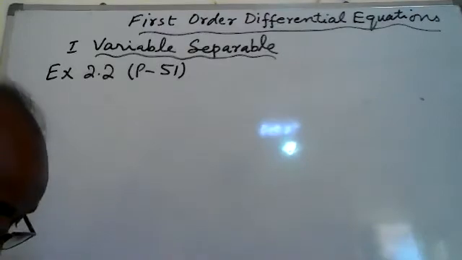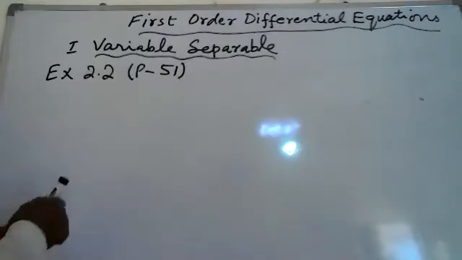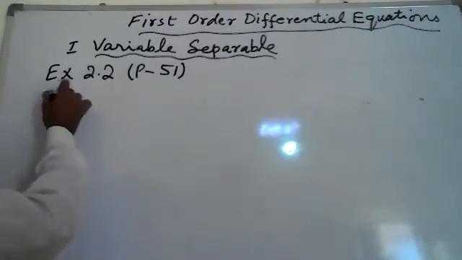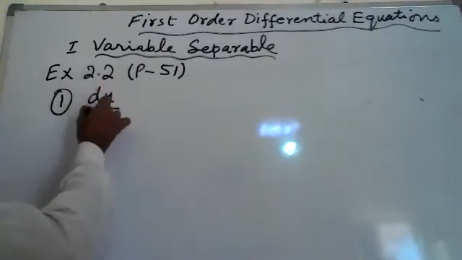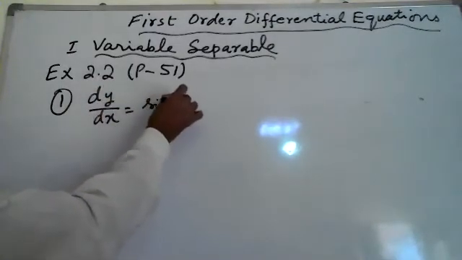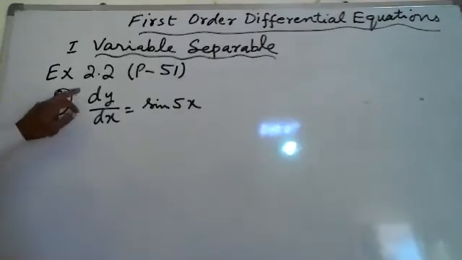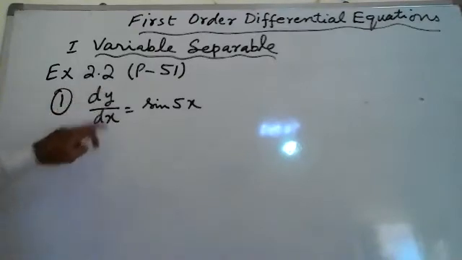So exercise 2.2, first question: dy upon dx is equal to sin 5x. On the right side there is only the x variable. On the left side there is y as well as x. Both variables are there.